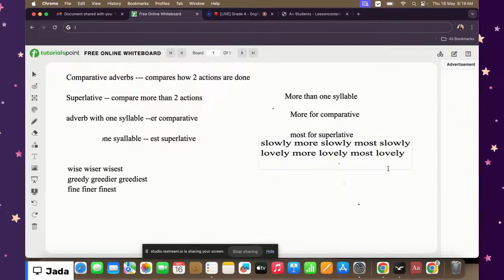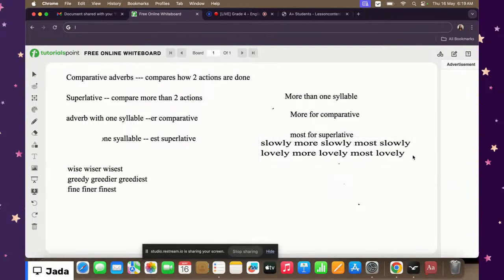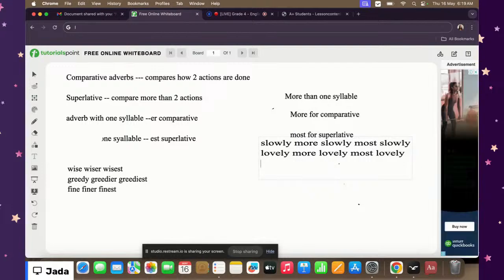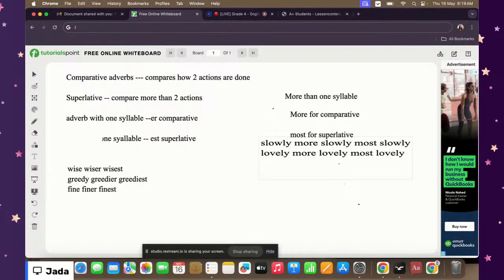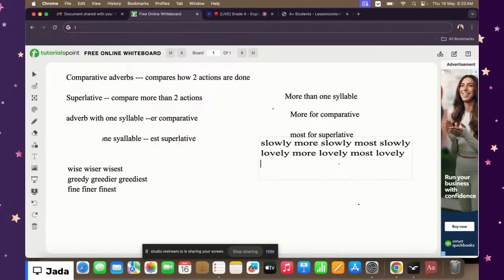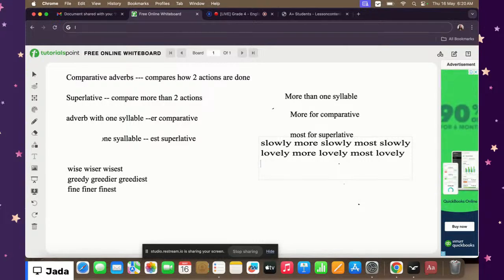So slowly, more slowly, most slowly, lovely, more lovely, most lovely. So now, some more examples for the more than one syllable. Let's see if you have any examples. Send in more examples for the more than one.